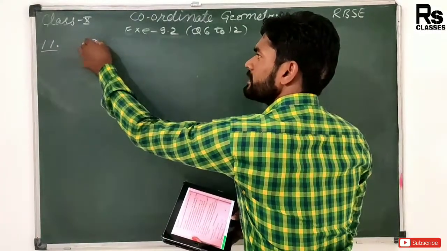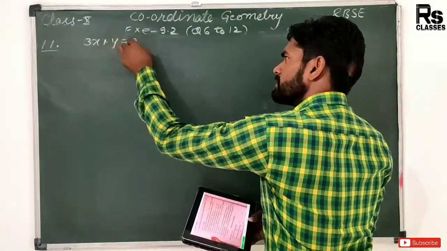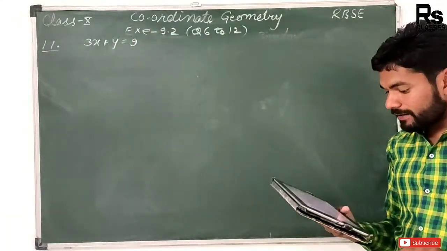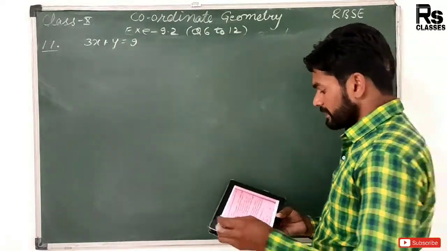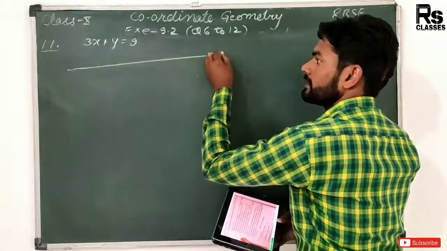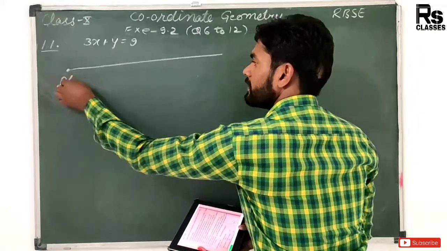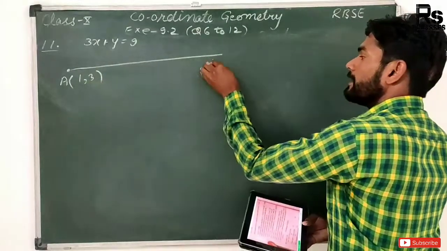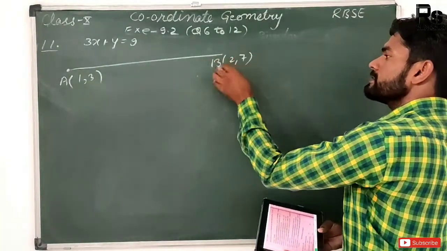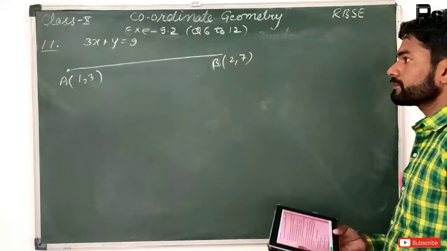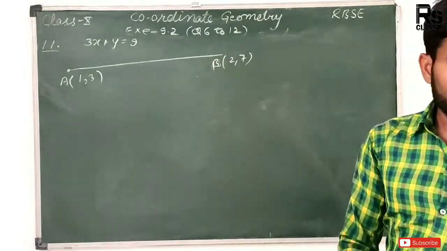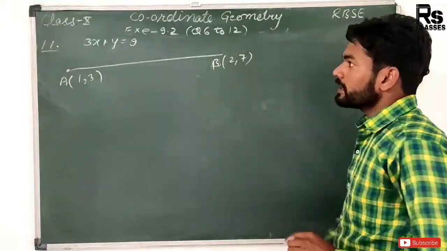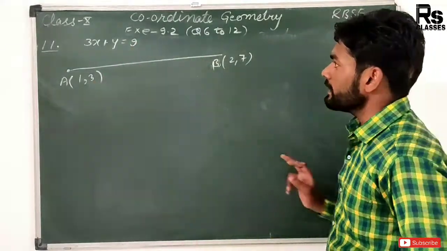A line is given, 3x plus y is equal to 9. We have to calculate the ratio in which this line divides AB.